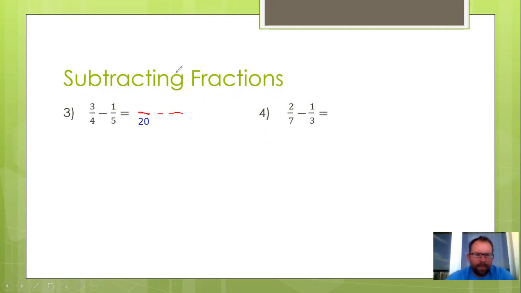All right. So what we have to do here is 4 times 5 was 20. So then I have to multiply 3 times 5, which will give me the 15. And then I'm going to do 5 times 4. You guys see I'm just multiplying each fraction times the other fraction's denominator.